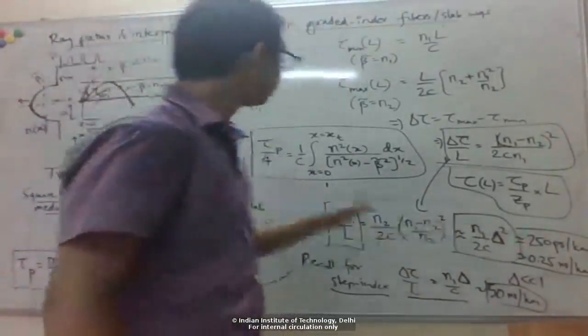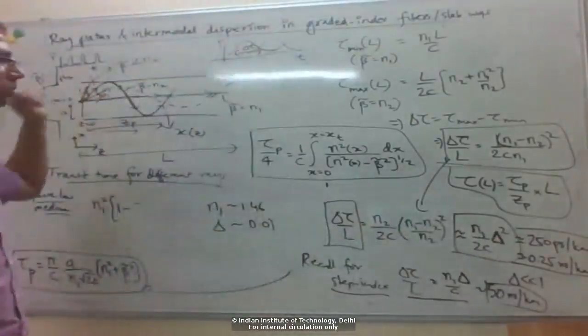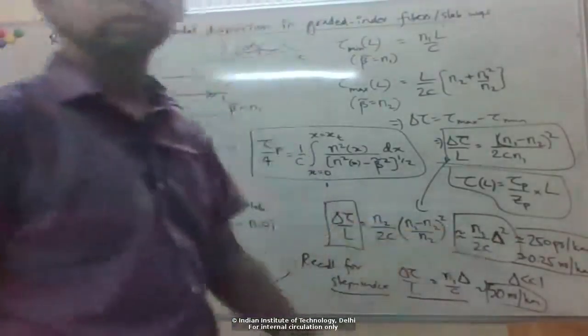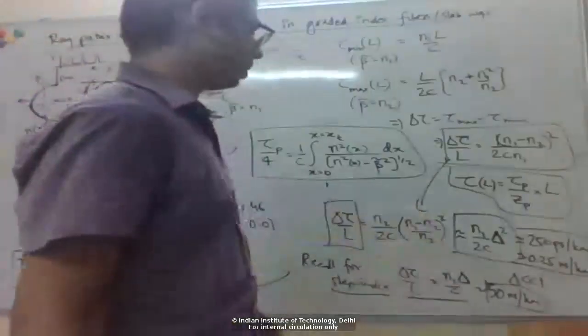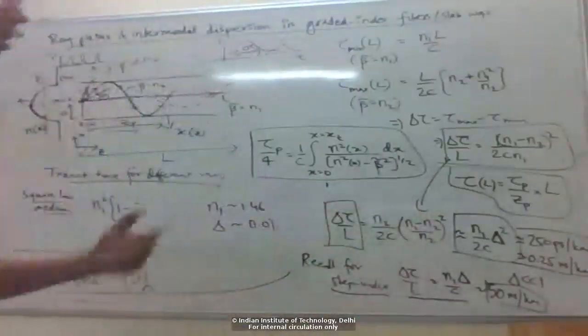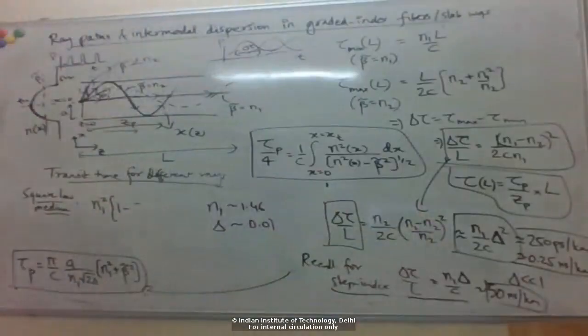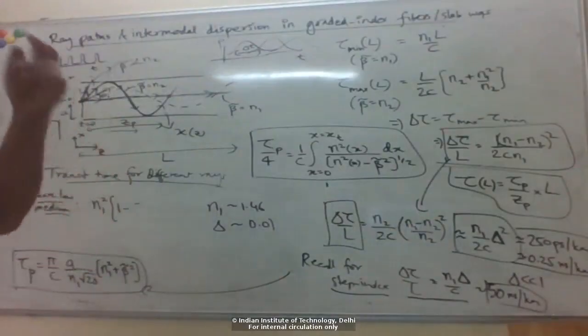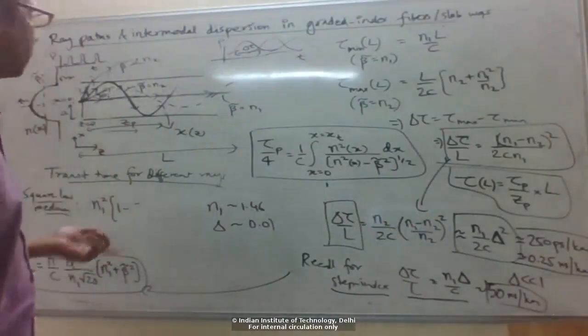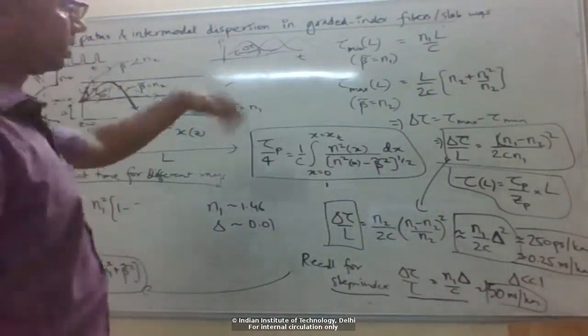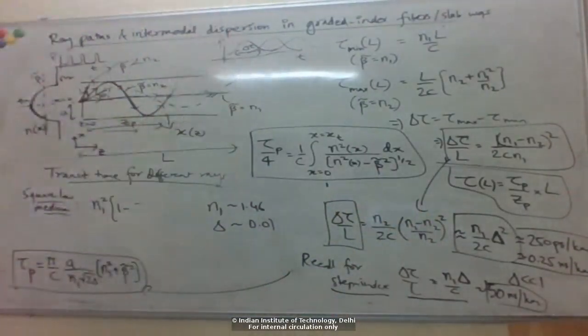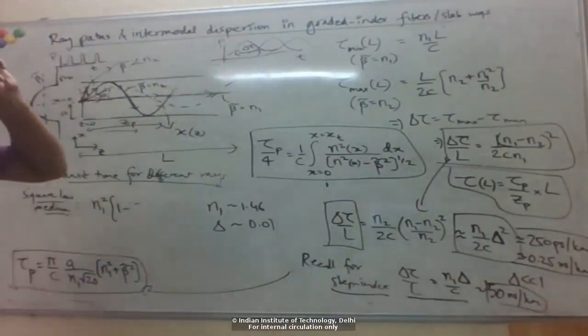Even if you take cylindrical coordinates and solve, you get the same dispersion. So this is true even for a fiber in cylindrical geometry. There is some discussion on that in the textbook, and I've given the relevant reading. If people are interested, you can look at the complete math in the radial coordinate also. That's much more involved. The basic ideas you can get from this Cartesian coordinate.